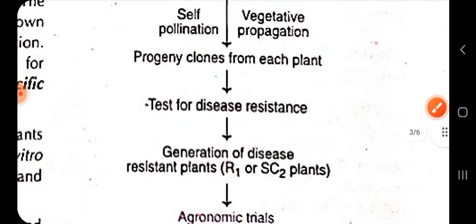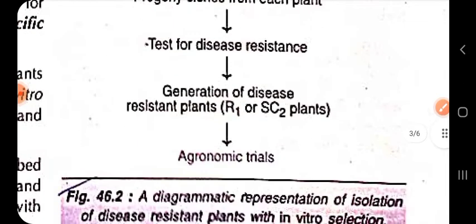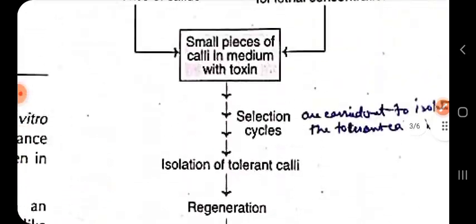Then we regenerate the plants, which are now considered R1, or if you use the SC nomenclature, we write SC2 plants. Again we do agronomical trials. In this way we maintain the culture lines which have that disease resistant property. So in such a selective way we are regenerating disease resistant plants.